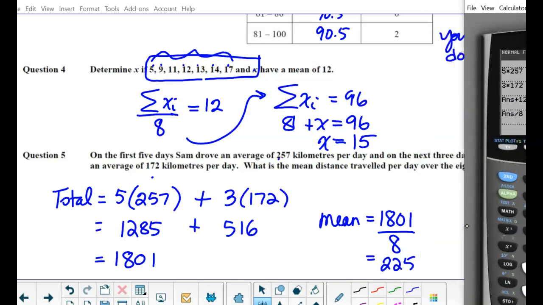You say what to round to, you go to the decimal place. Okay. So sometimes you'll hear it called a weighted average, so that we make sure we have the weightings correct on 5 days at 257, 3 days at 172.